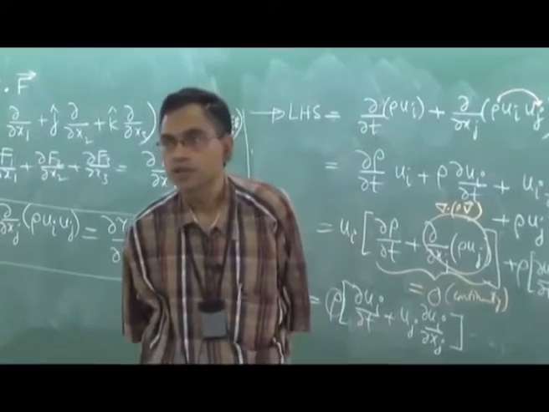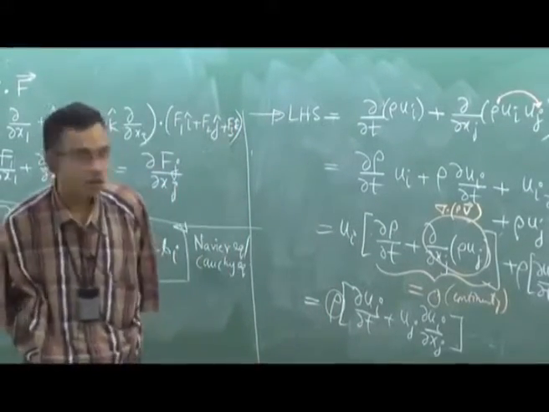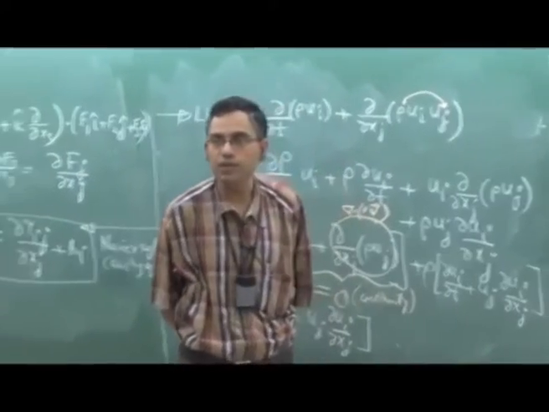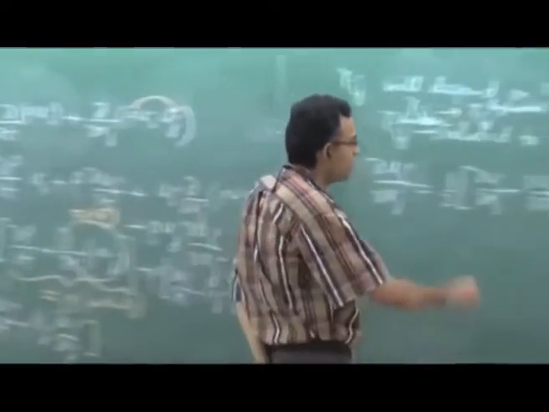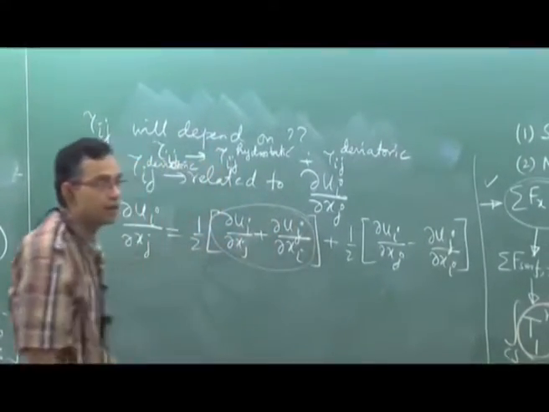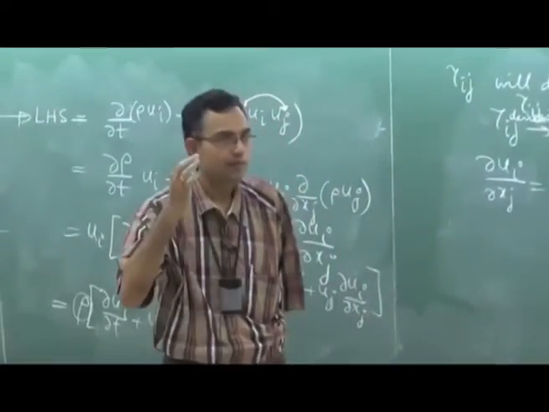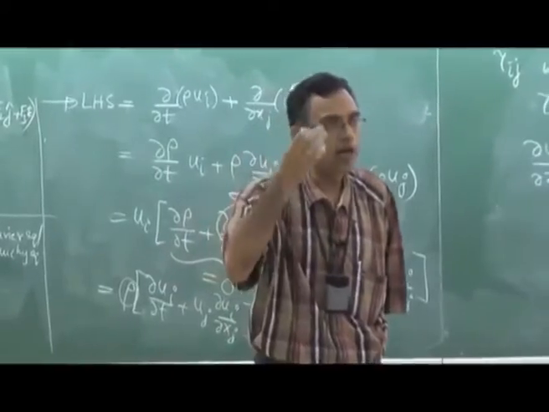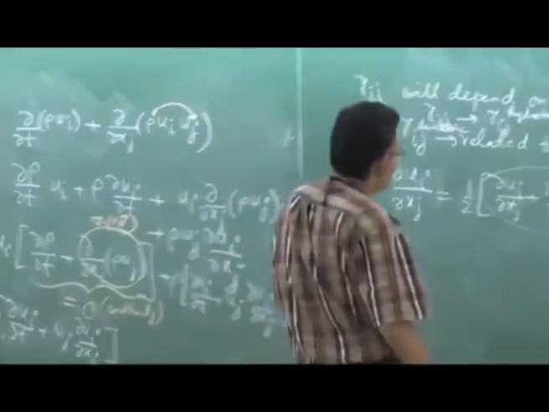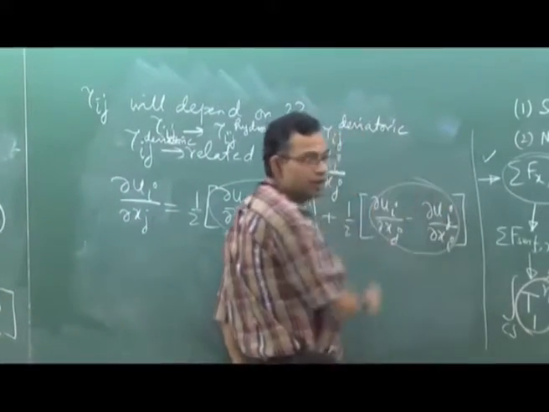So why have we written this? Because there is physics associated with this equation. What does it represent? This is shear deformation, like del u del y plus del v del x, right? Shear deformation. And what does this one represent? Rotation.